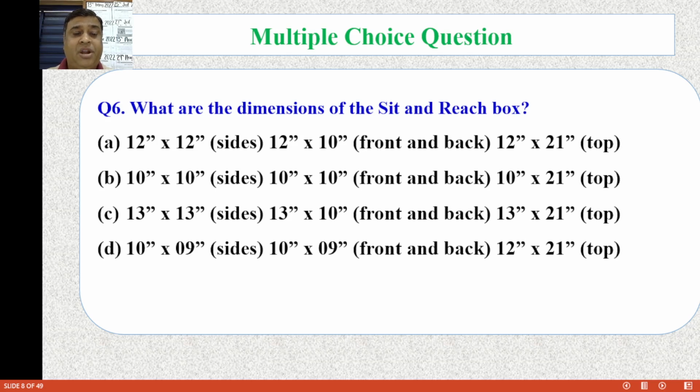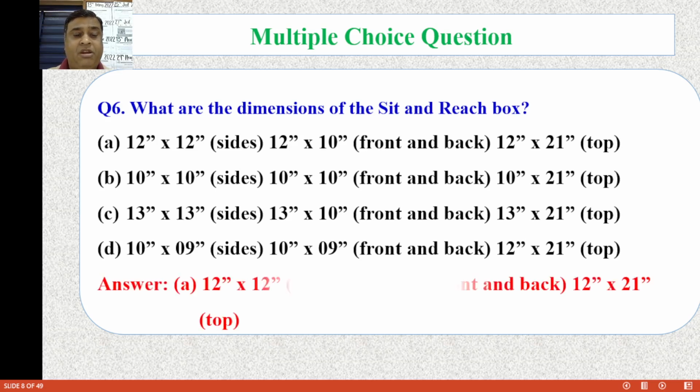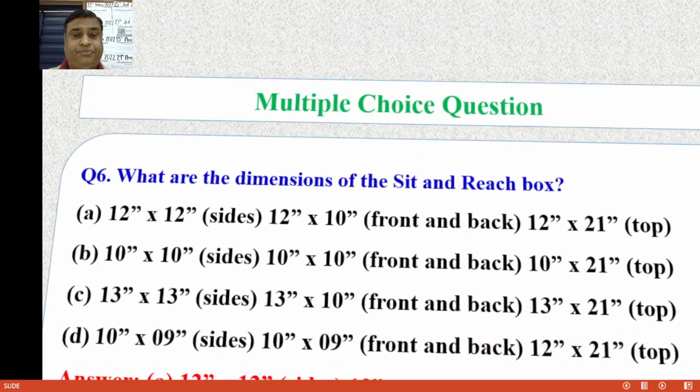Option C, 13 into 13 inches on the sides, 13 into 10 inches in front and back, 13 into 21 inches on top. Option D, 10 into 9 inches on the sides, 10 into 9 inches in front and back, and 12 into 21 inches on top. Now the answer is A, 12 into 12 inches on the sides, 12 into 10 inches in front and back, and 12 into 21 inches on top.